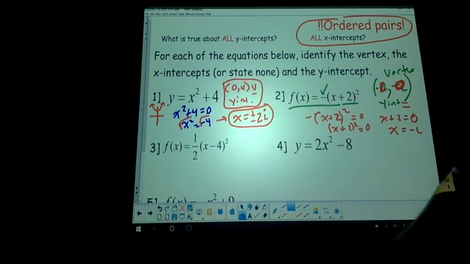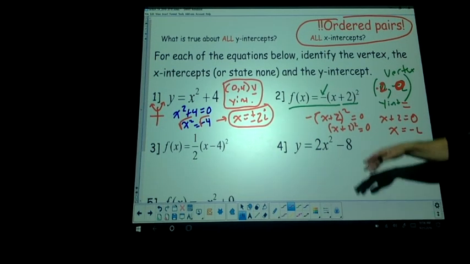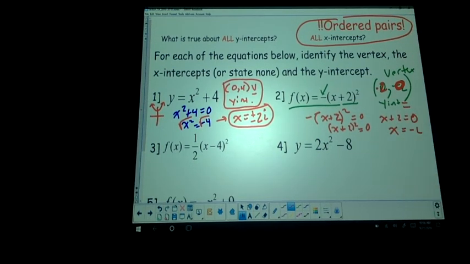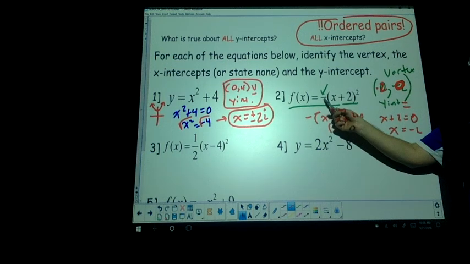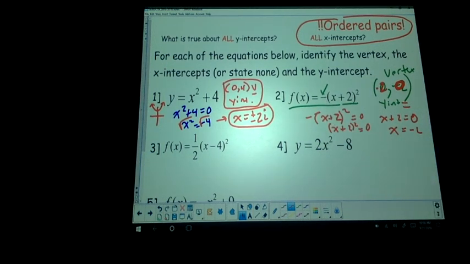Is it going to cross the y-axis down more in the negative region, or in the positive? Here's what we're going to find: negative 2 squared, 4, so -4. So 0, -4 is where it crosses the y-axis. The y-intercept is 0, -4.